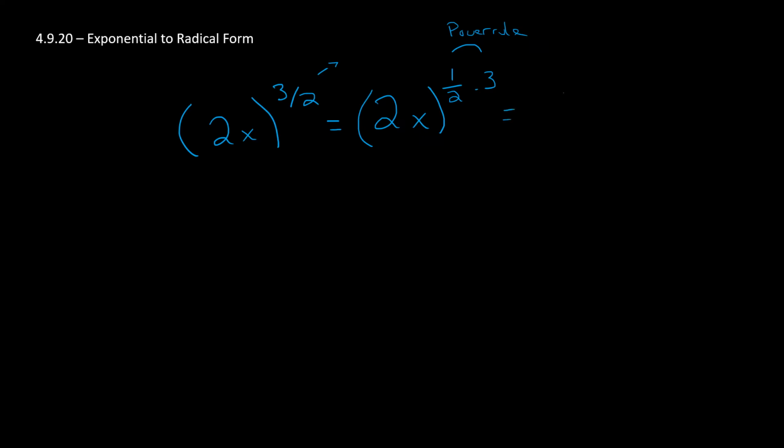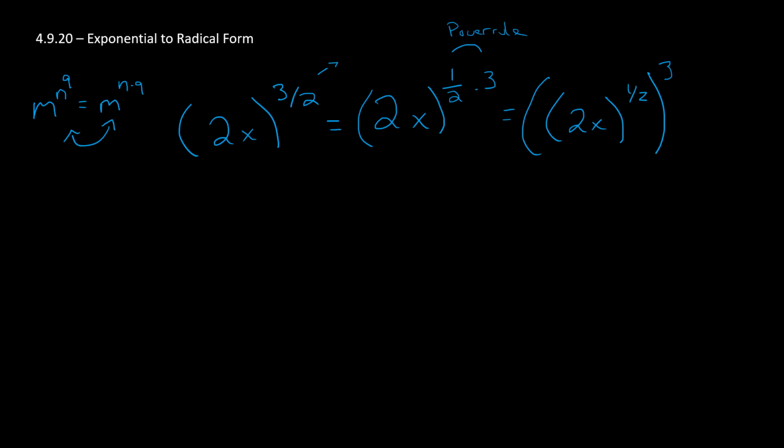And what happens is we're going to have (2x) to the power of 1/2, and we're going to raise that to the power of 3. This is just the opposite of that power rule that we've discussed in the past, that power rule being m to the power of n, to the q, is the same thing as m to the n times q, and vice versa.